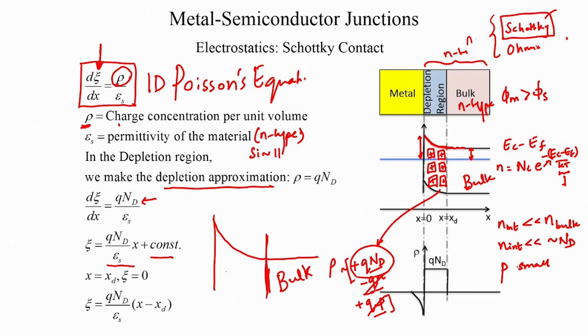Everything here was the depletion region. We define this width as the width of the depletion region and give it the symbol x subscript d. The d stands for the depletion width. And beyond this point, there is no band bending.